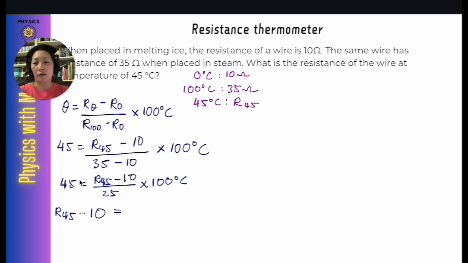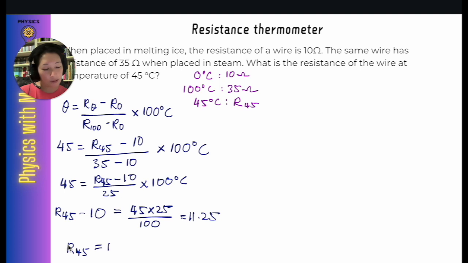So we need to bring 25 up and 100 down. That gives us 45 times 25 divided by 100, and this gives us 11.25. So to get the resistance, we take 11.25 plus 10, and that's 21.25 ohm. And that's the answer.